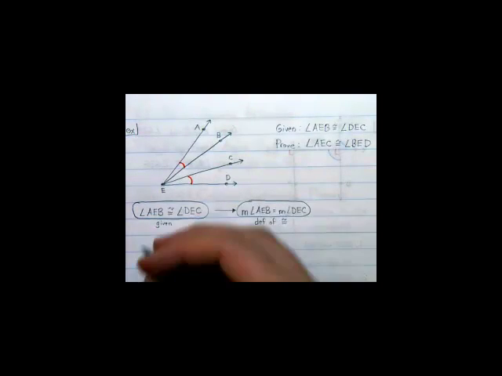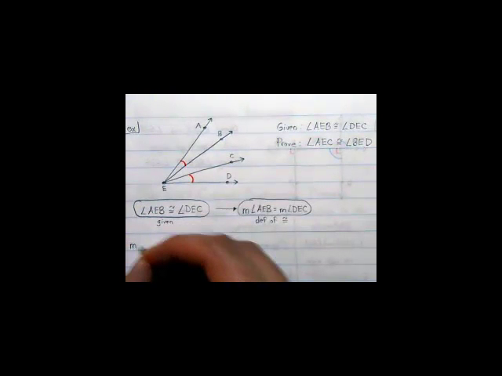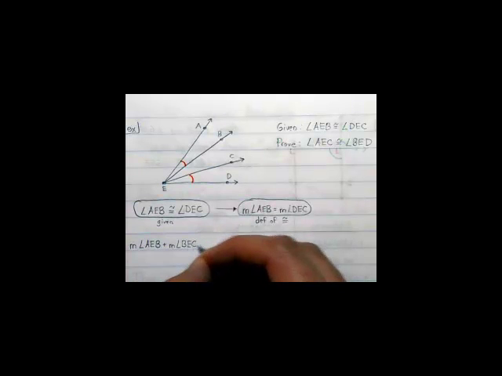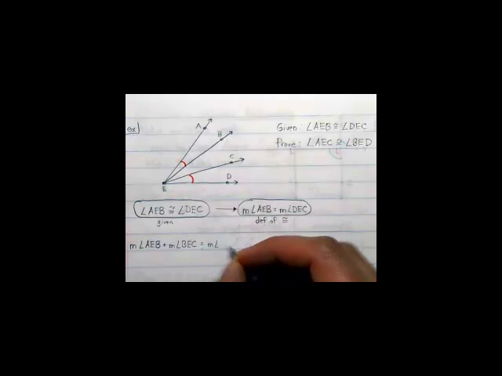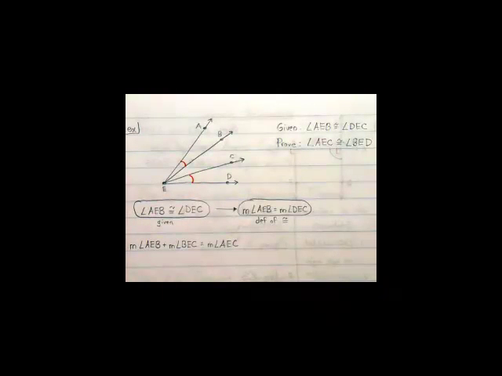Okay. So the measure of AEB plus the measure of angle BEC equals the measure of angle AEC. So this one plus this one equals AEC. That's what I just did there. Okay, and we can repeat that for the other one, right? For BED, BED is made up of 2 as well.